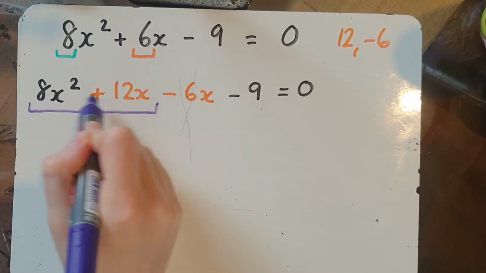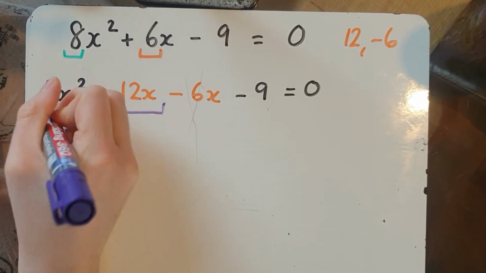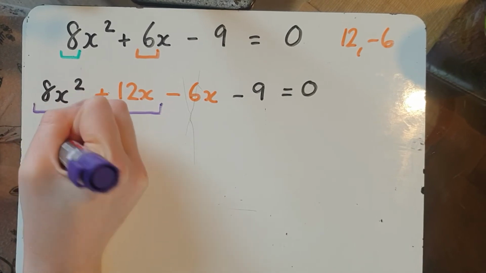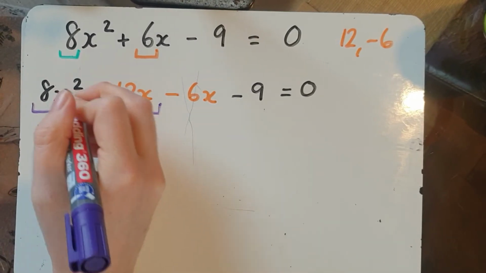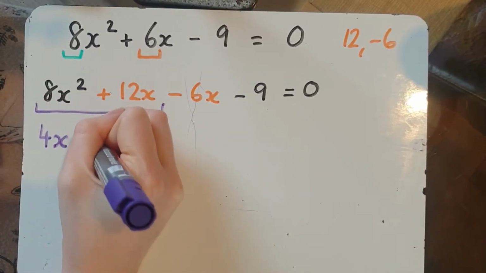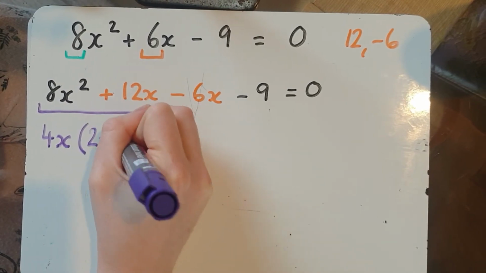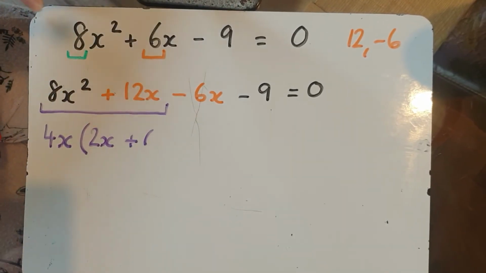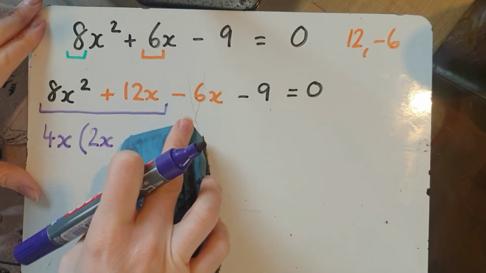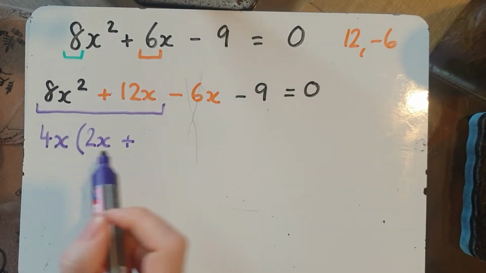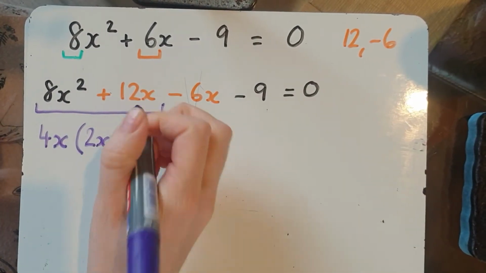So I want to factorise this half first of all, and I can take 4x out of this side. If I take 4x out, I get 2x plus, not plus 6. That's not correct, is it? I get 4x into 2x plus 3.